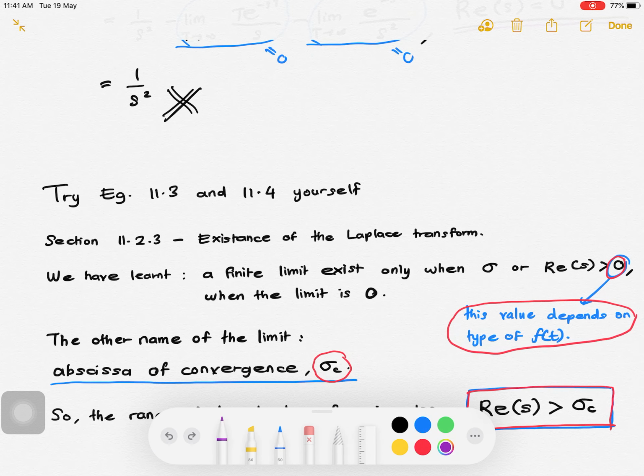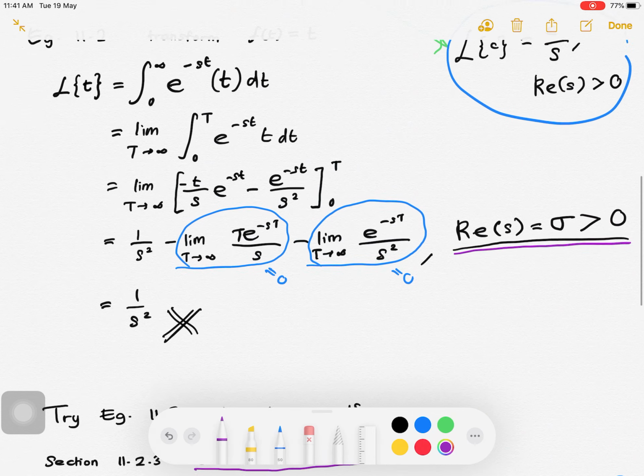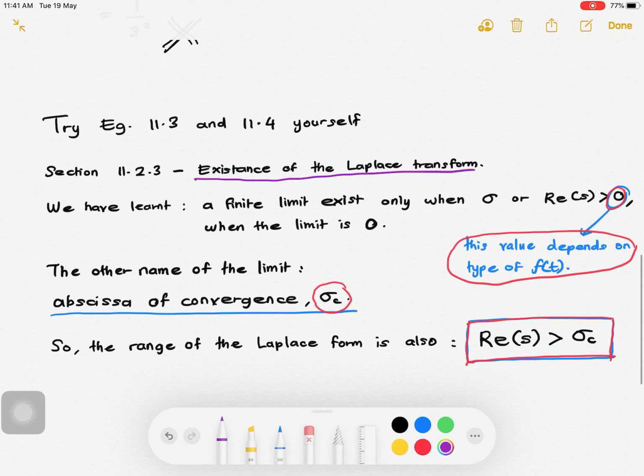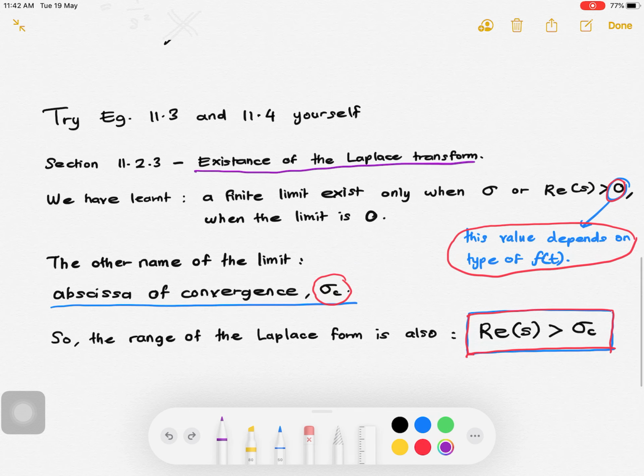So we go to section 11.2.3. We want to learn about the existence of the Laplace transform. Again, it is related to this condition. We have learned a finite limit exists only when epsilon, or the real part of s, is bigger than 0.